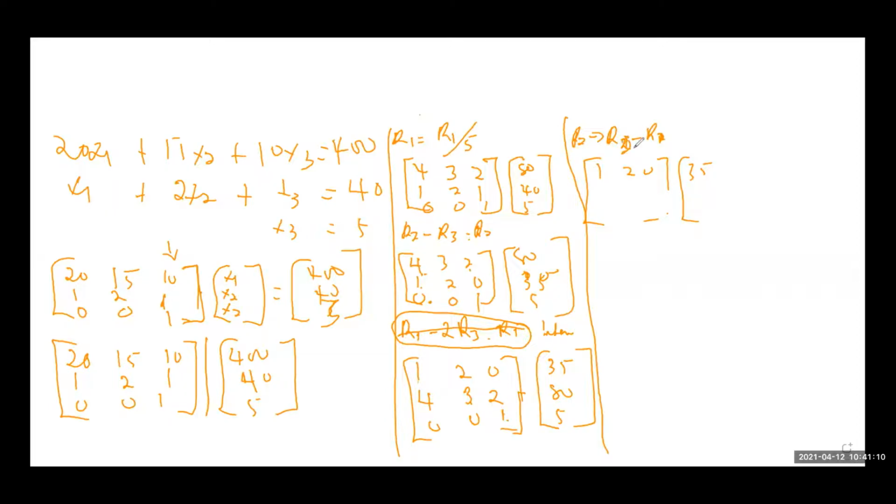Row 2 minus row 1. Okay, so what do we have? 4 minus 1 will be 3. 3 minus 2 will be 1. 2 minus 0 is 2. 80 minus 35 should give you 45. You still have 0, 0, 1, and 5. This looks interesting. At least diagonals are working.